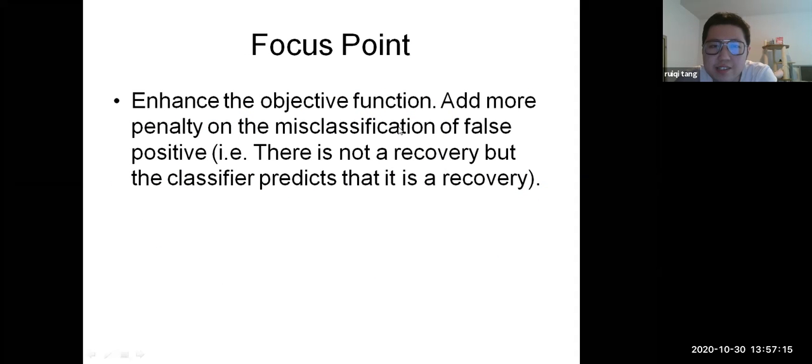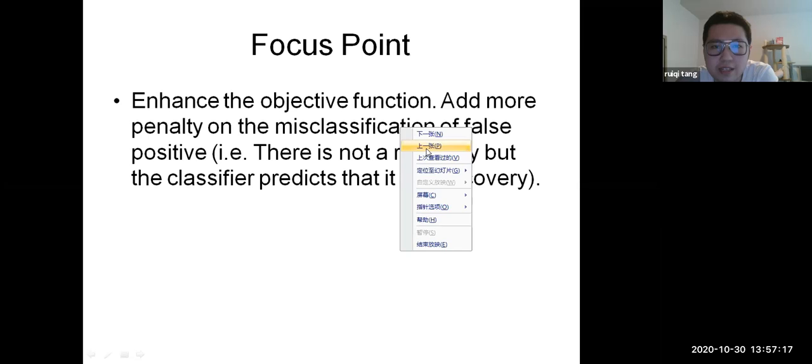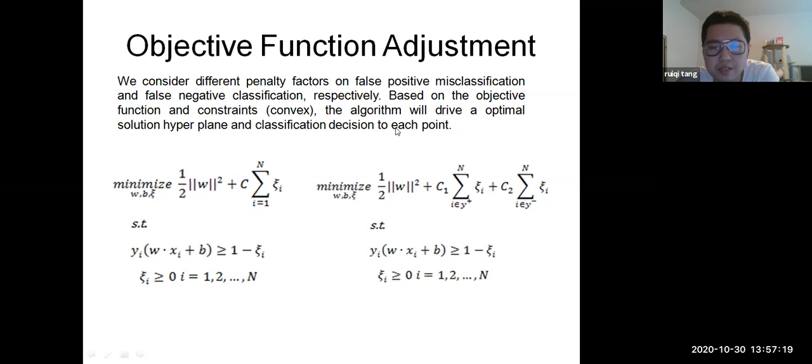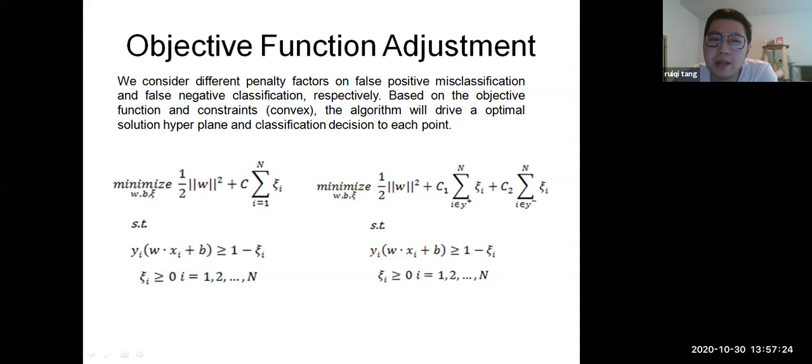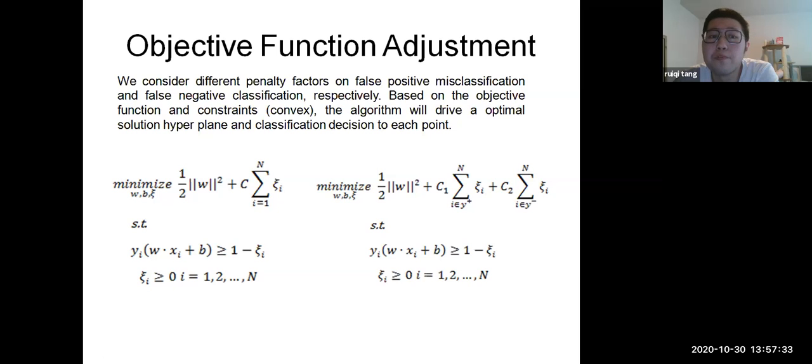Yeah, actually, just the next PowerPoint. For this one, you can see on the left-hand side, this is the hyperplane for the normal SVM I just mentioned, and for the right part of the left function, it is just one factor here to minimize to constitute the objective function.